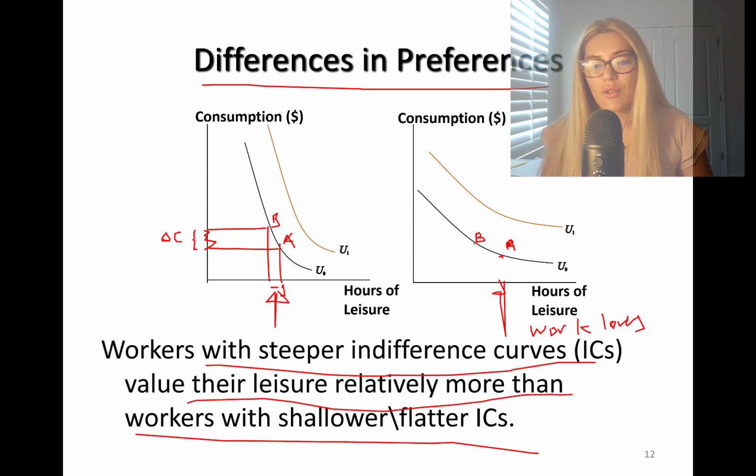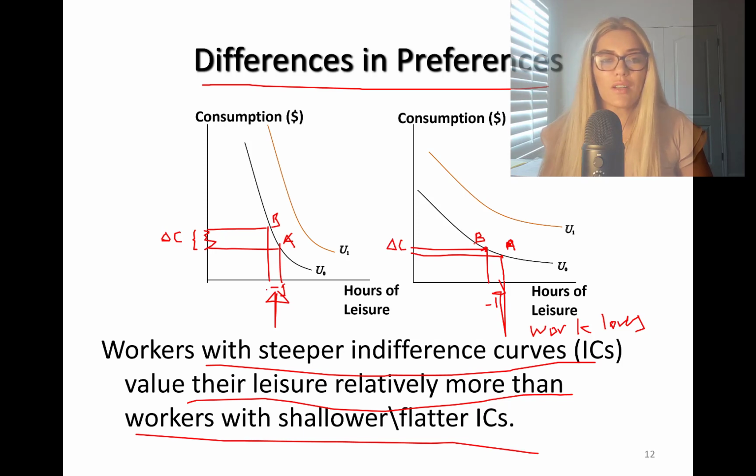For this person to give up 1 unit of leisure, they only require a little bit of consumption. Just look at delta C. You want this person to give up leisure by 1 unit, move from A to B. They're like, you know what? You need to give me literally this much more consumption goods, versus this person, who says, to get 1 more unit, I'm okay with this much.